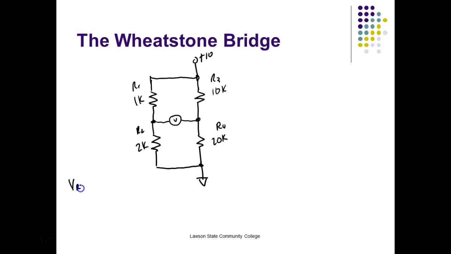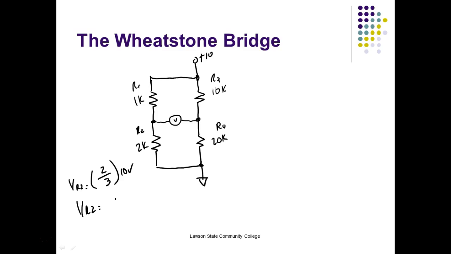So VR2 would be equal to 2 over 3 times 10 volts. So what would VR2 be? Y'all know what that formula is? That's what we call the voltage divider formula. It's so dang neat because we can calculate voltage drops without calculating current. But we can calculate voltage drops with one formula.